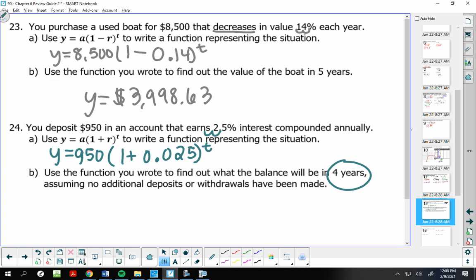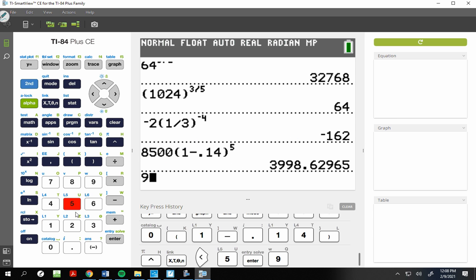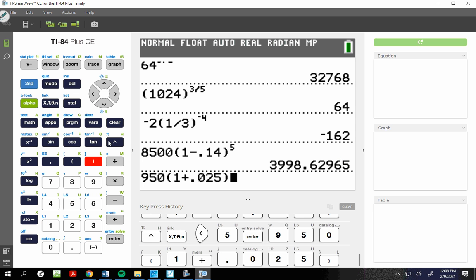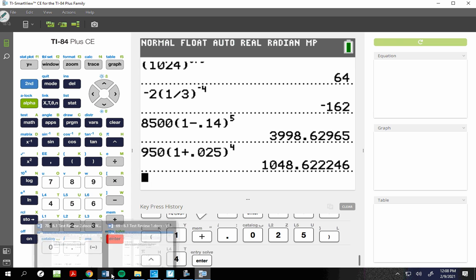So let's plug in 4 for T. So 1,048.62. That means you went from $950 to $1,048. So you earned $98 over 4 years, which, I mean, it's good. You made money at interest doing nothing.